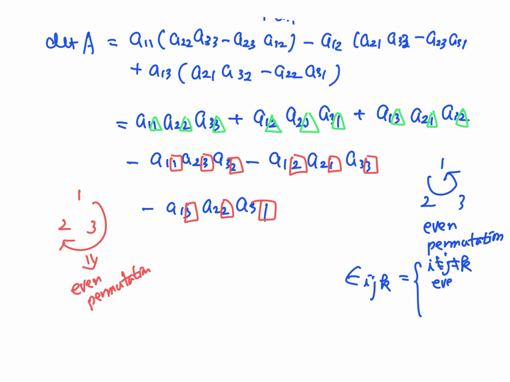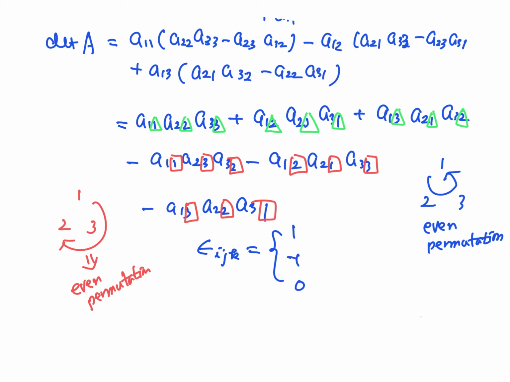Epsilon ijk is defined as 1 for even permutation, minus 1 for odd permutation, and 0 otherwise, meaning when i, j, k are not all different.